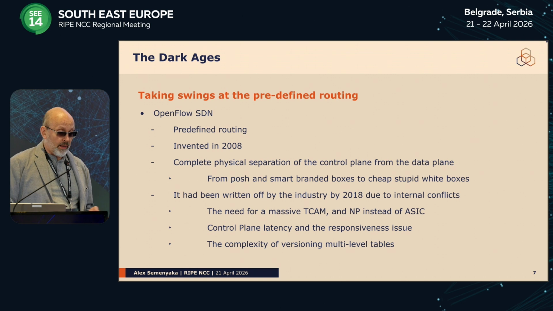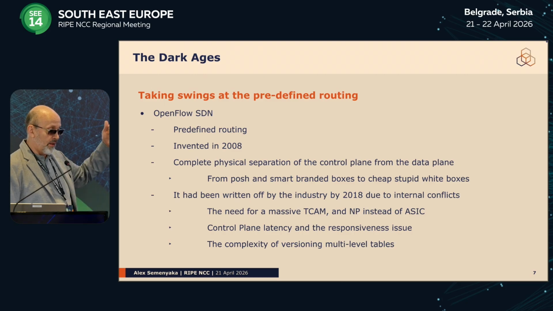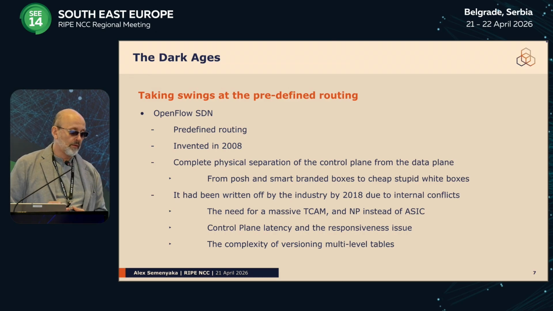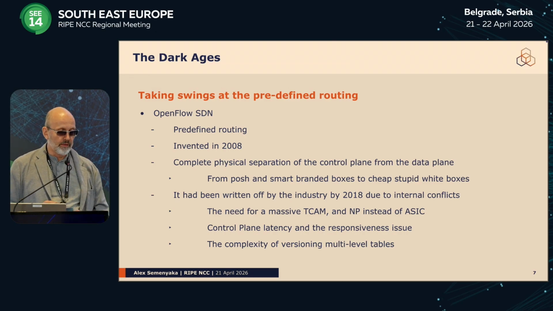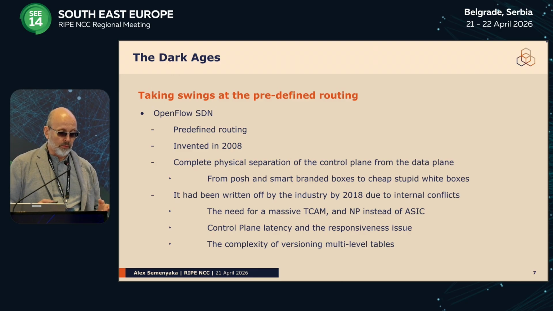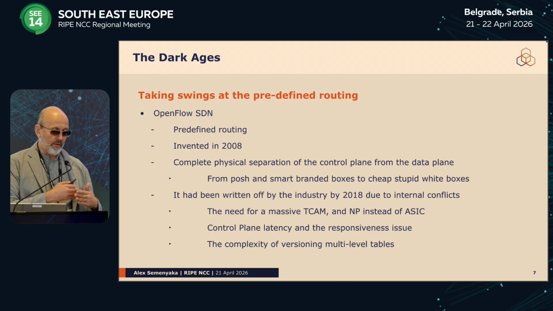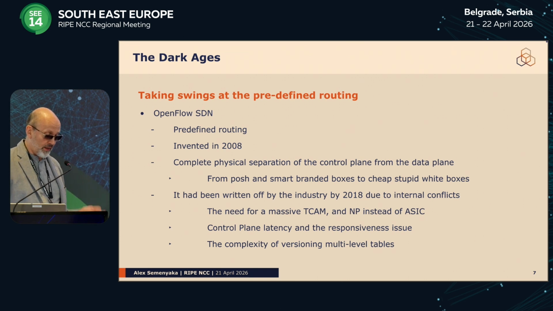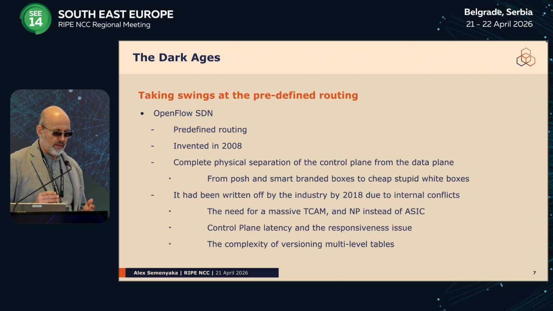And there is the complexity of updates, because anyway this box has to keep the model, the tables of the forwarding rules, and these tables should be multi-level to deal with the real complexity of our real networks. Updates are coming, so we have to keep several versions. The complexity of this solution was overwhelming. So this approach with complete micromanagement failed as well.